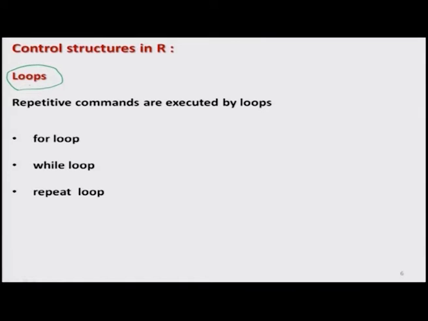The number of times can either be known or unknown to us. In case the number of times a command has to be repeated is known to us, that means the same process has to be repeated again and again inside a loop.